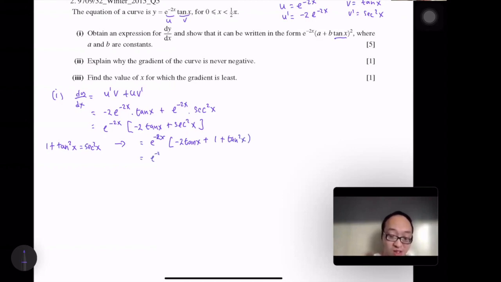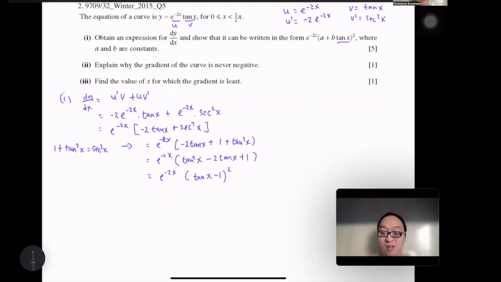If we rearrange the expression, we have tangent squared x minus 2 tangent x plus 1. And if you notice, this is the completing the square form of tangent x minus 1 squared. So this is our answer.